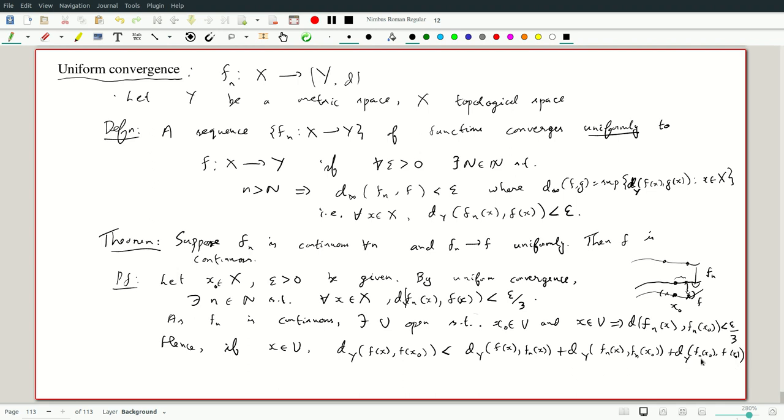And now by uniform convergence, we have control over both of these, so each is less than epsilon by 3. Continuity gives you epsilon by 3 here, and uniform convergence again gives you epsilon by 3, which totals epsilon. So if your sequence of functions converges uniformly, then the limit is also continuous.